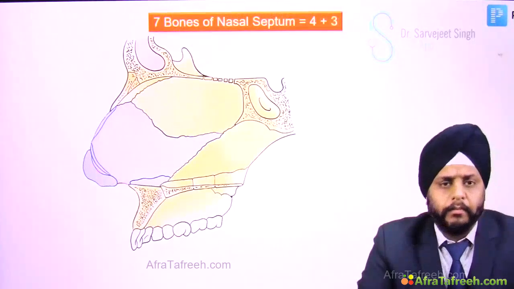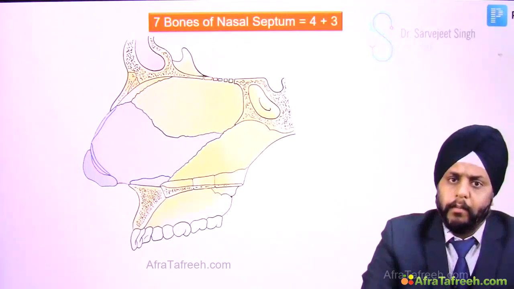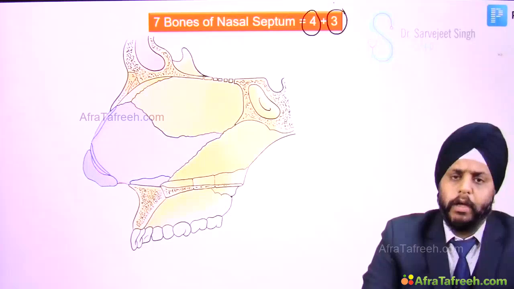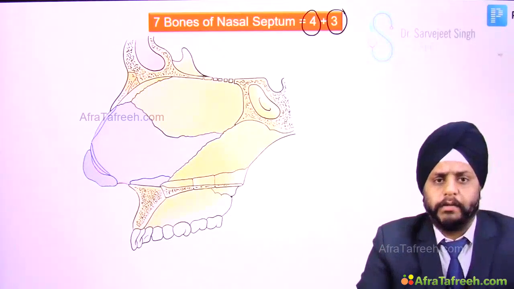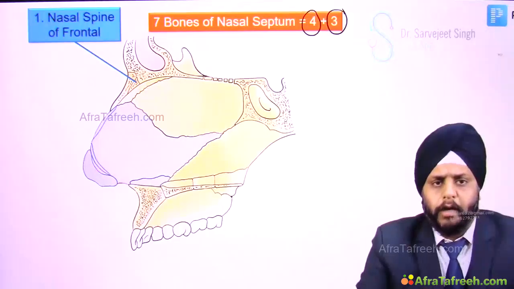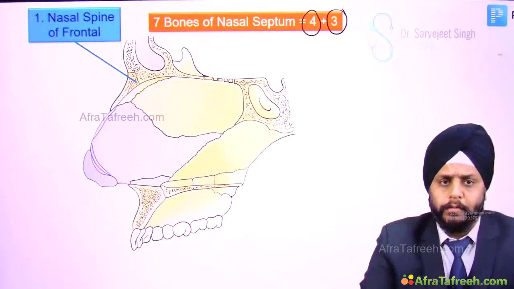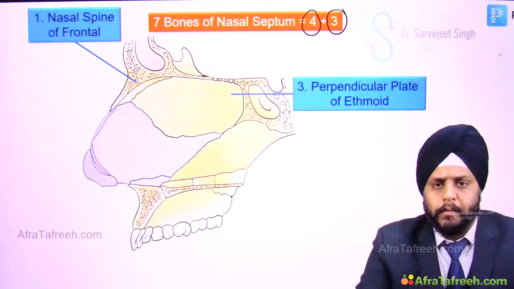There are 7 bones, and our formula to remember them is 4 plus 3. What do I mean by 4 plus 3? Let's look over here. Number 1 was the nasal spine of frontal bone, so we have the frontal bone. Number 3 was the perpendicular plate of ethmoid, so we have the ethmoid bone.